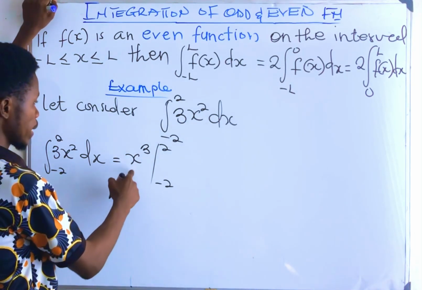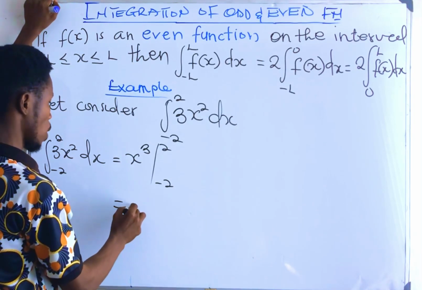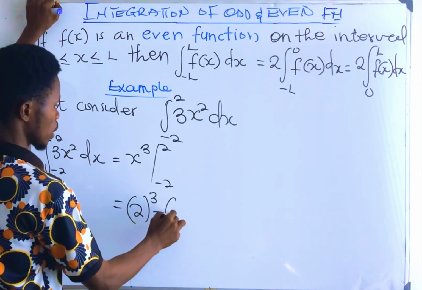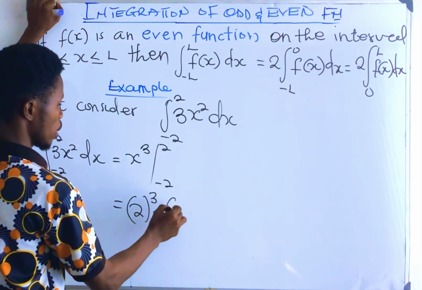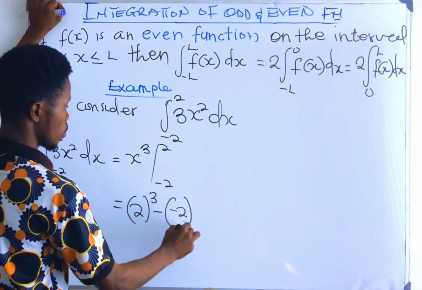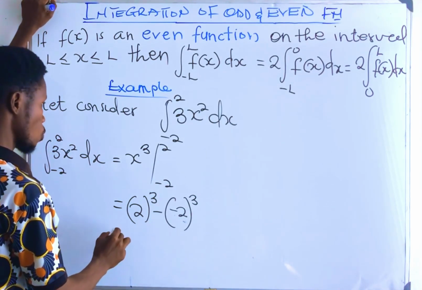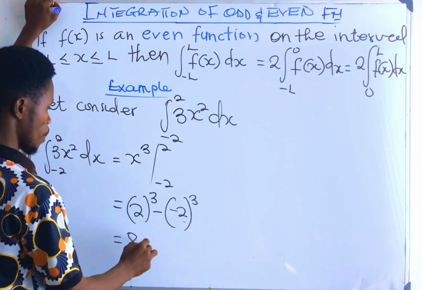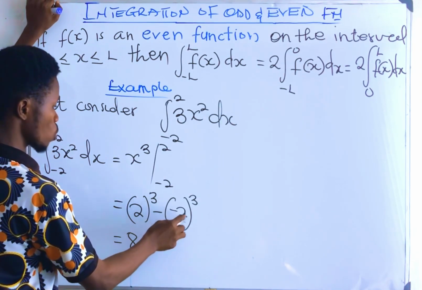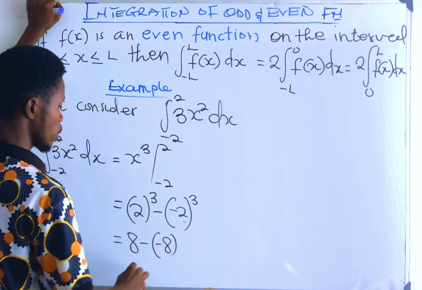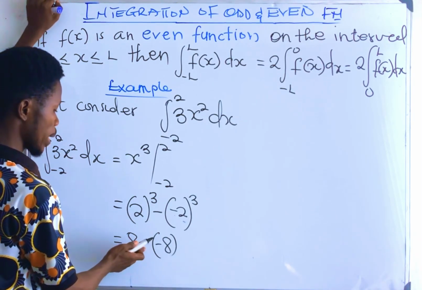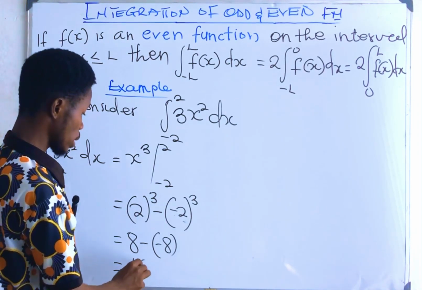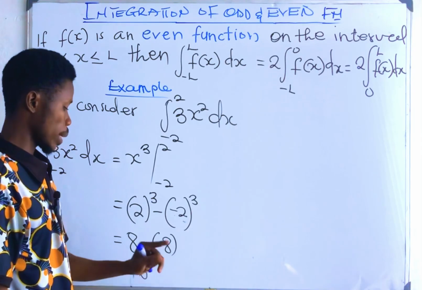Substituting, we have 2 to the power 3 minus negative 2 to the power 3. 2 cubed is 8, minus negative 2 cubed, which is negative 8. Minus times minus is positive, so 8 plus 8 is 16.